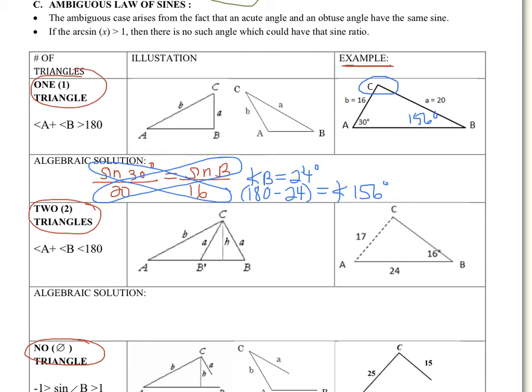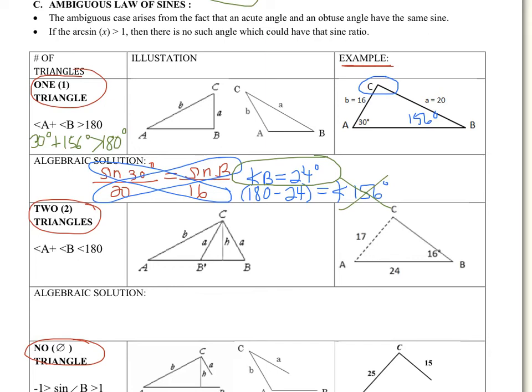So clearly, this cannot be the answer, or there wouldn't be any angles left to come up with angle C. So the quick check here was that when we looked at our original angle, angle A, and when we looked at a possible solution for angle B, 156 degrees, we saw that they exceeded the amount of degrees that could be possible in a triangle. Therefore, the answer must be 24 degrees, and there's only one triangle possible in this example.